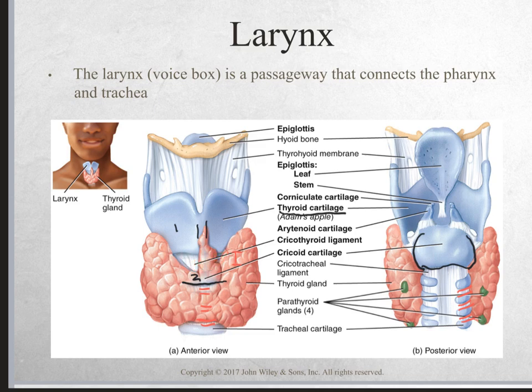So let's erase what we've done so we can look at a new scenario and talk about exactly how we would do an emergency tracheotomy. Again, from a clinical perspective, don't try this at home, was my disclaimer, but if you were in a restaurant and somebody were choking and the Heimlich didn't work and you're trying to save somebody's life, you would feel for, number one, the thyroid cartilage.